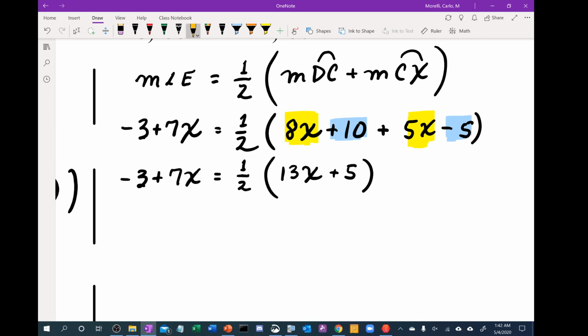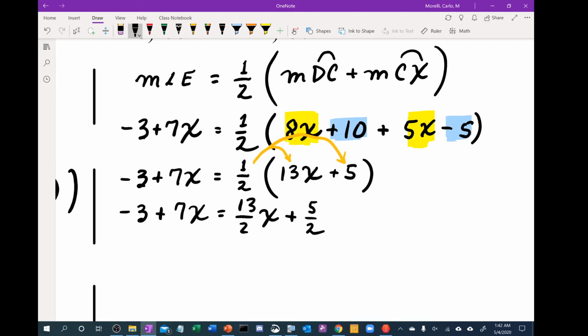And now we have to do some distribution. We're going to distribute that 1/2 through the terms of the parenthetical algebraic expression. So we're going to rewrite the left again. 3x plus 7 equals 13 over 2 x plus 5 over 2.